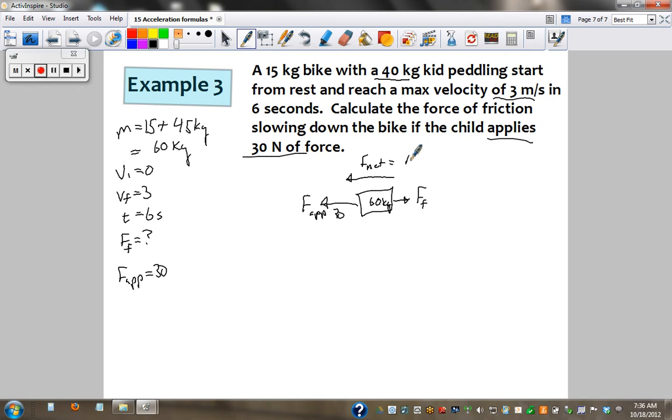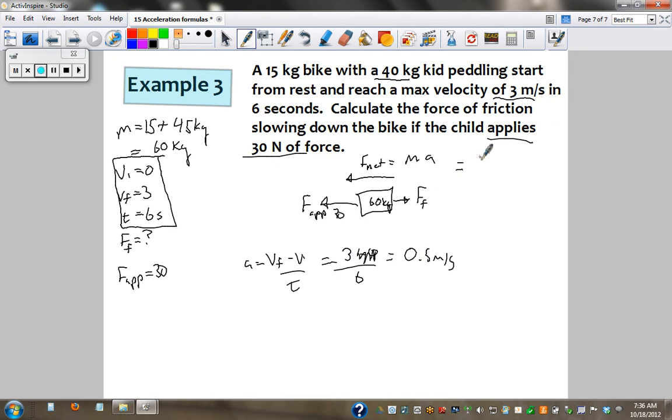So, force net equals mass times acceleration. I don't know acceleration, I need to find it. I can use this stuff. Acceleration equals v final minus v initial over time. 3 minus 0 divided by 6. 3 divided by 6 equals 0.5 meters per second squared.